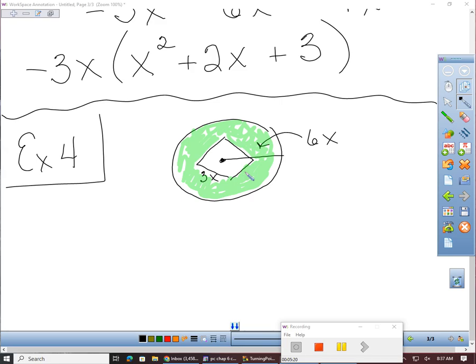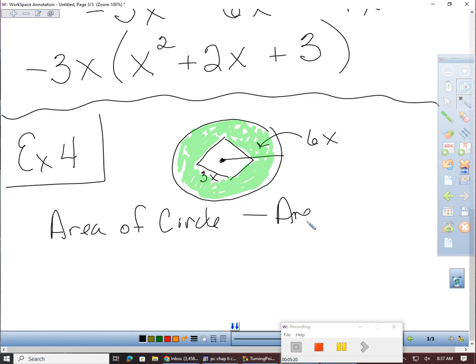All right, so in order to find that area, what I have to do is I have to take the area of the circle and subtract the area of the square. So first of all, how do we find the area of a circle?